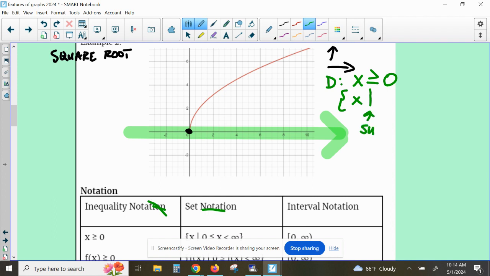This means such that. You'll sound official and fancy. So all x's such that x is greater or equal to 0. And that's fine to write it like that.